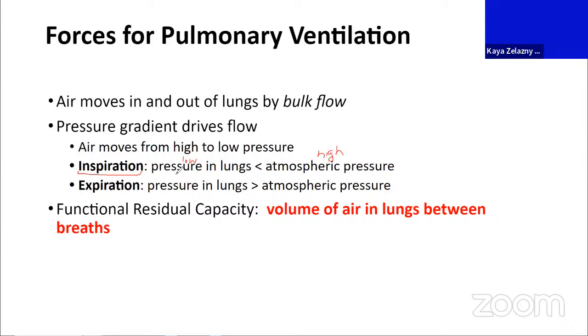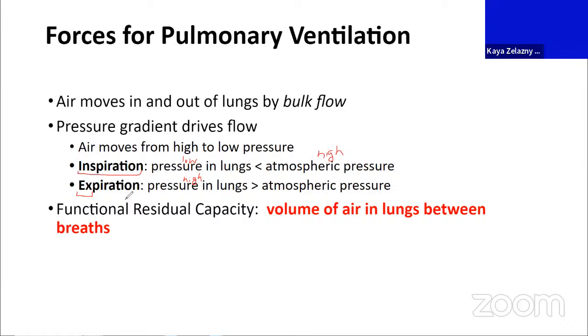So what we're able to vary is the pressure in the lungs, lower or higher. When we make it lower, we breathe in, that's inspiration. When we make it higher, relative to that same atmospheric pressure, we're going to expire, right? So we're going to breathe out. Expiration.